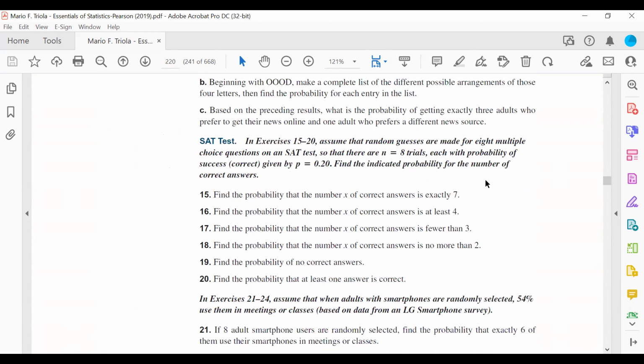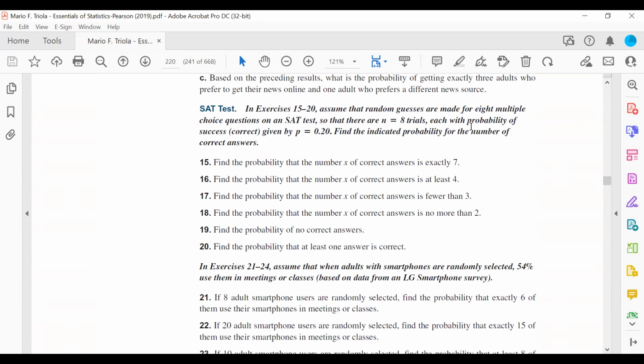Okay, here we go. We're going to do number 15 through 20. So again, your goal is to identify the N, the P, and the X.